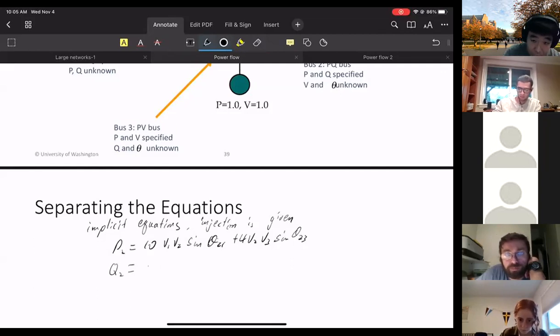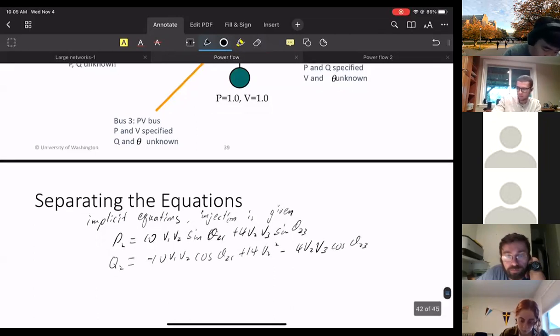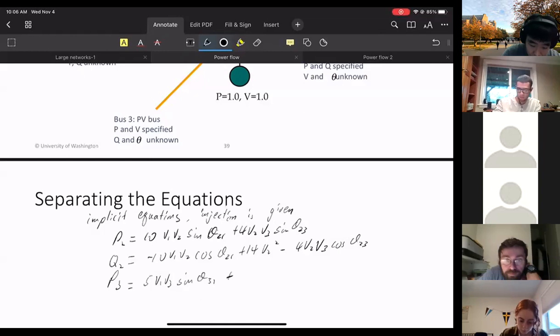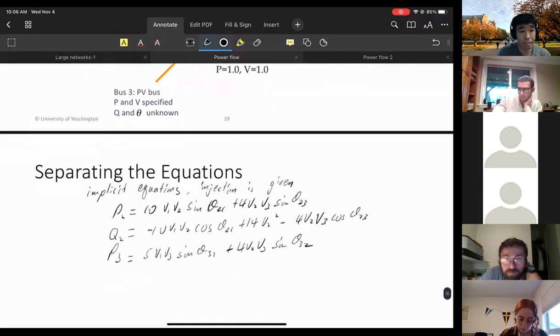Q2 is minus 10 V1 V2 cosine theta 21 minus 14 V2 squared minus 4 V2 V3 cosine theta 23. And the last one we have is P3 from the PV bus. So we have P3 equals 5 V1 V3 sine theta 31 plus 4 V2 V3 sine theta 32. Okay, so these are the implicit equations.